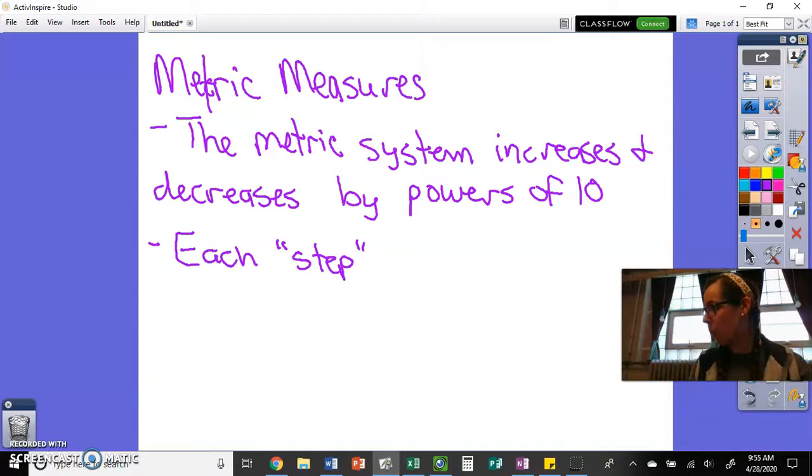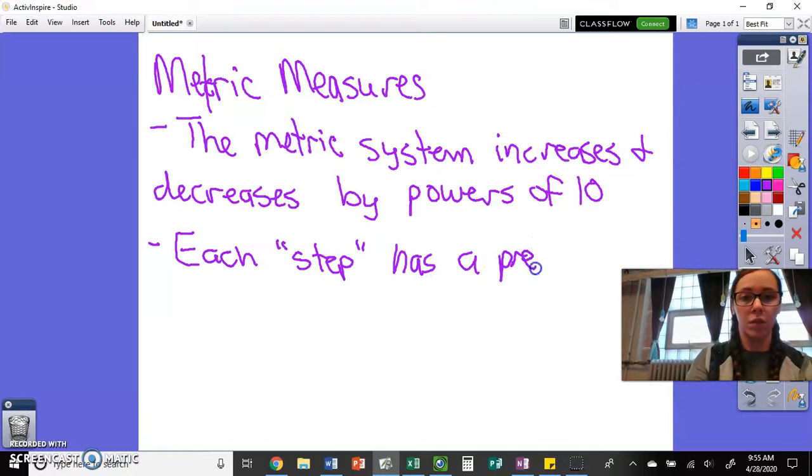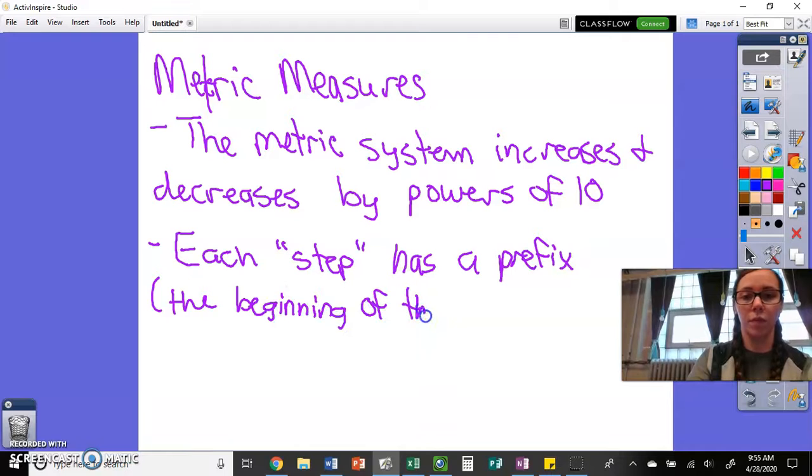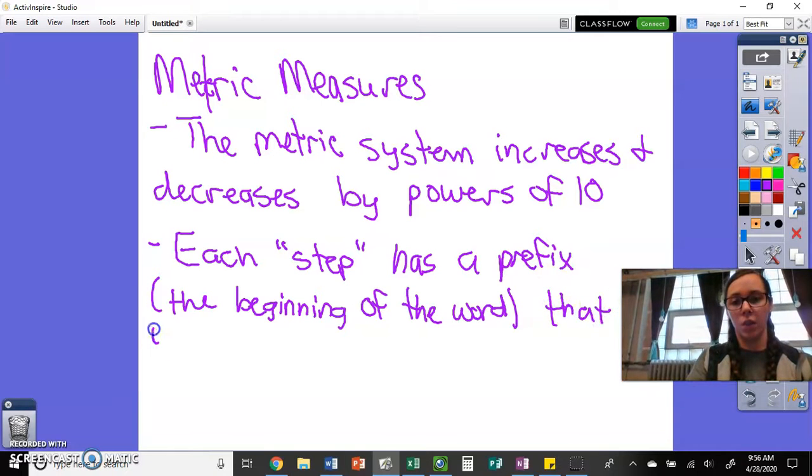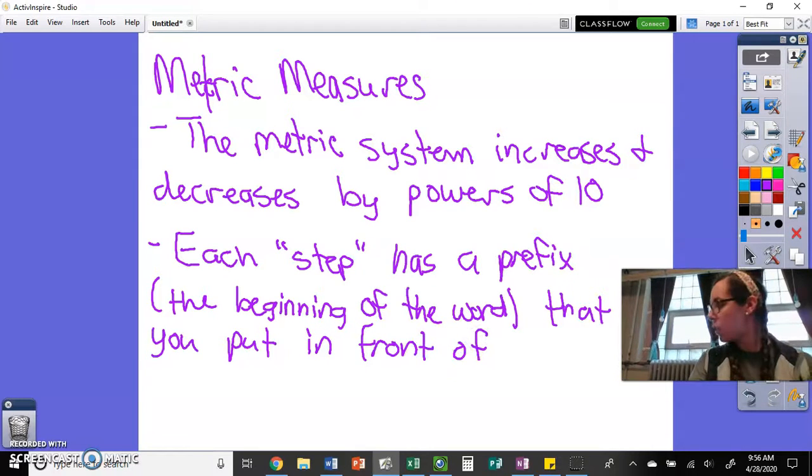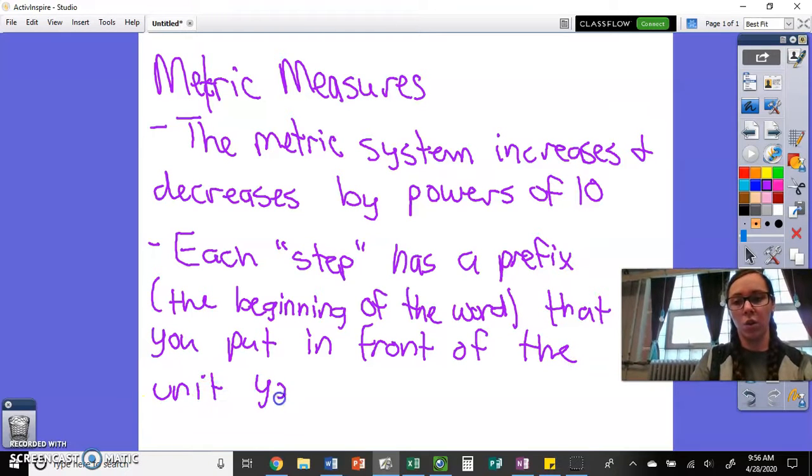Each step has a prefix, which is the beginning of the word, that you put in front of the unit you are using.